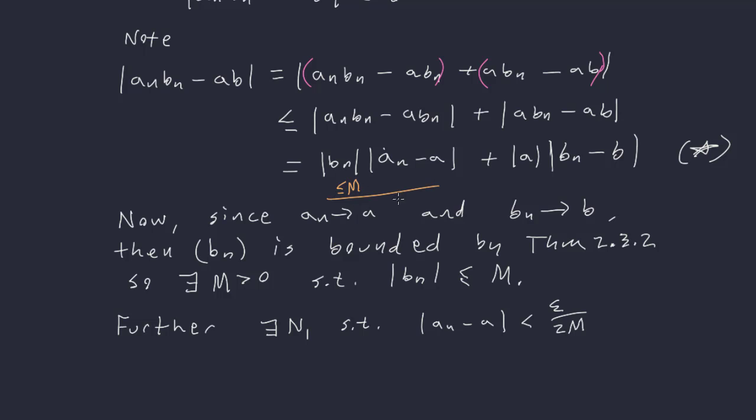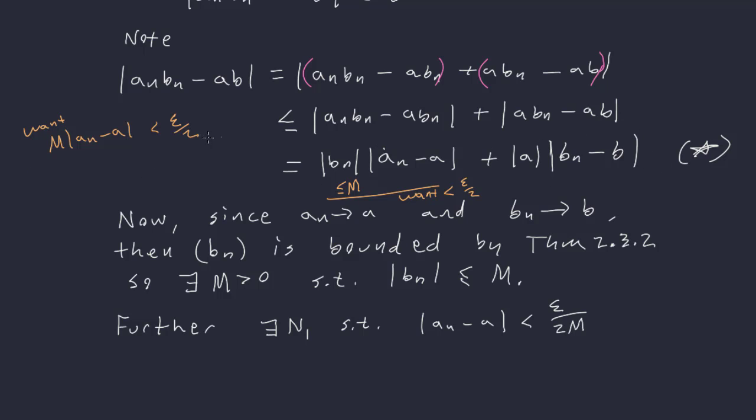All right, so what I want here is less than epsilon over 2. Okay, so if that's what I want, let me move this over here. I want capital M times the absolute value of a_n minus a less than epsilon over 2, because I want this less than epsilon over 2 and this less than epsilon over 2.